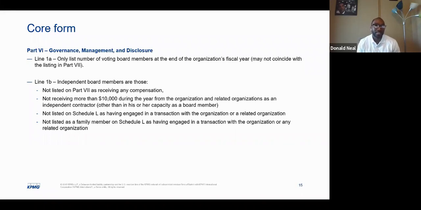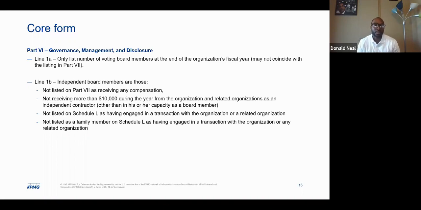When we say Part 7 as receiving any compensation, we're saying any compensation in regards to being an employee of the organization. With larger organizations, you may have a board member that sits on a board of a related organization, but is getting paid by another organization. I'll give it to you in a hospital context.